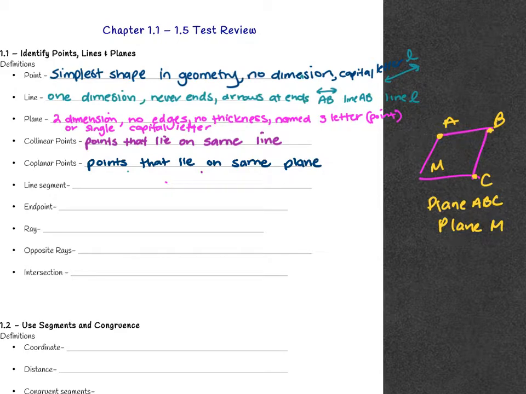What's the difference between a line and a line segment? Good. A line never ends. A line segment has endpoints, right? Has endpoints. Can be measured. Something like AB without anything over it is a line segment. Something like AB with a line segment over it is how it can be named.